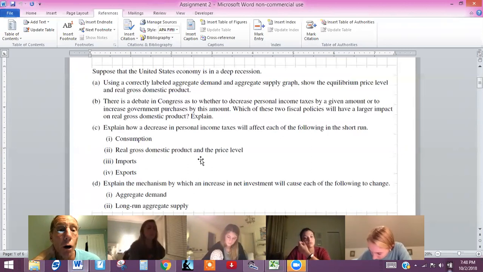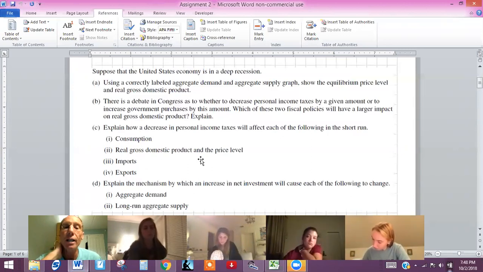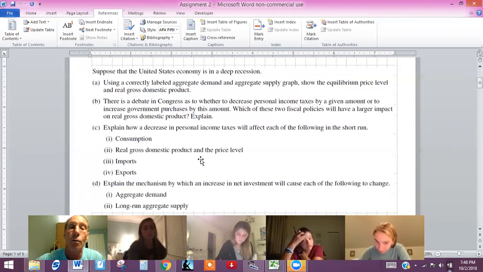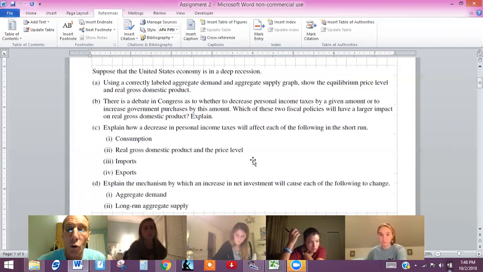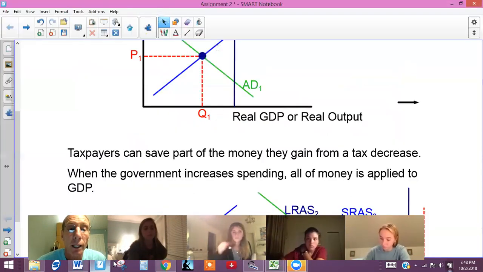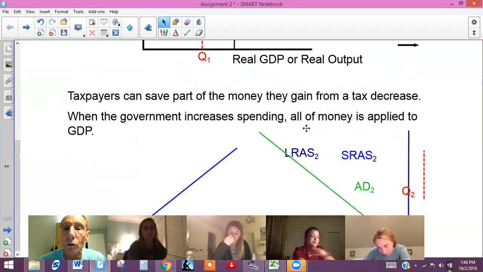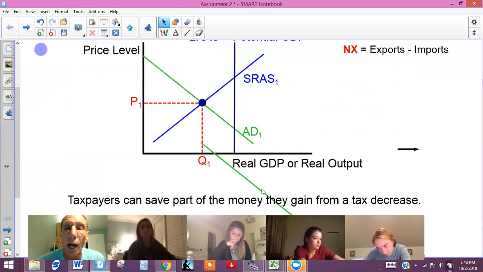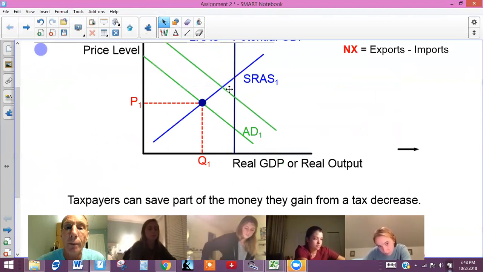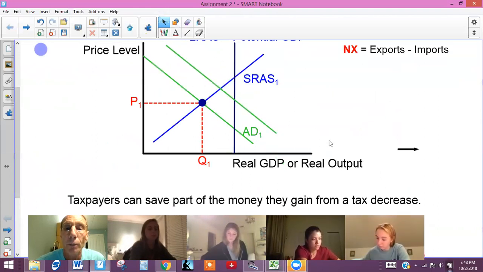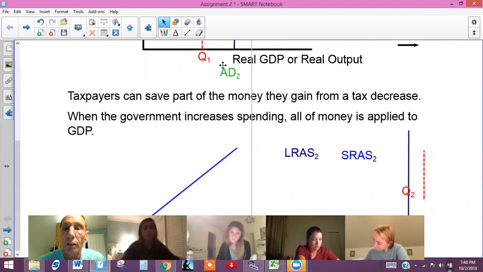So what you want to show is an increase in aggregate demand, because when people have more money, we can assume that we're going to get an outward shift. So we're going to get an outward shift in aggregate demand because of the tax cut, okay?